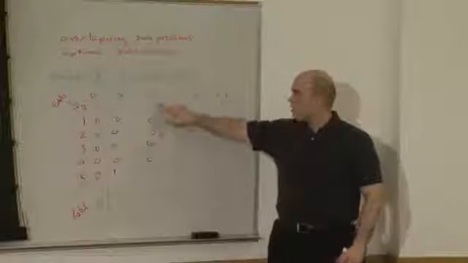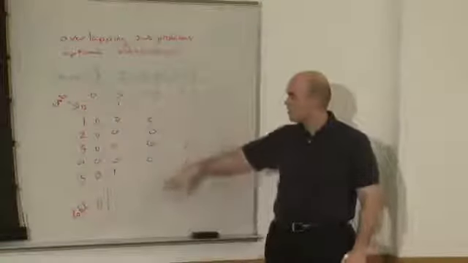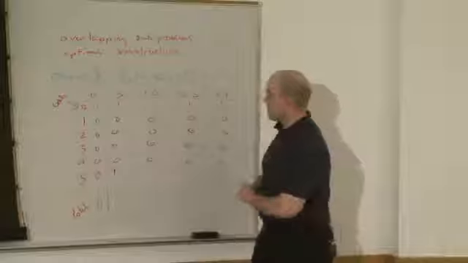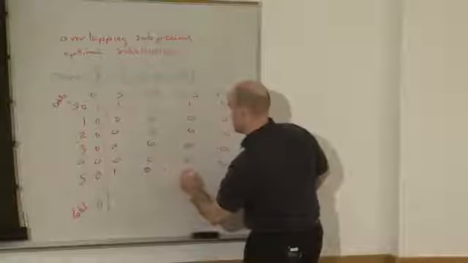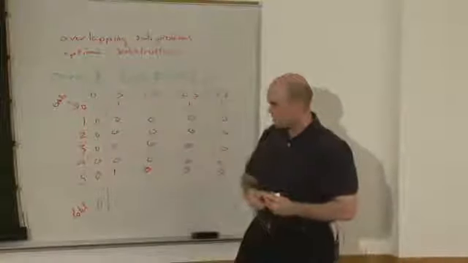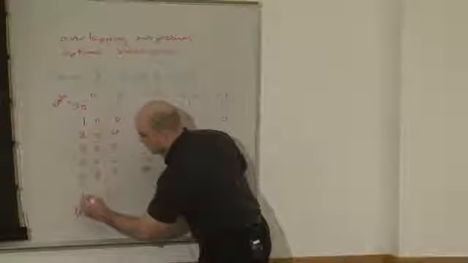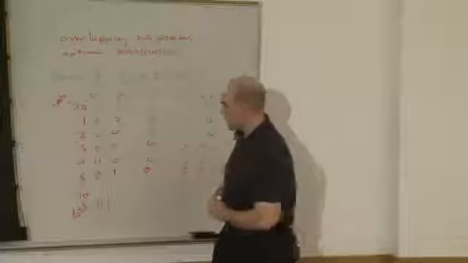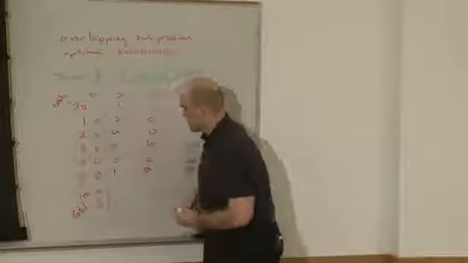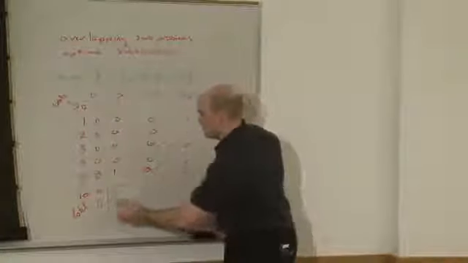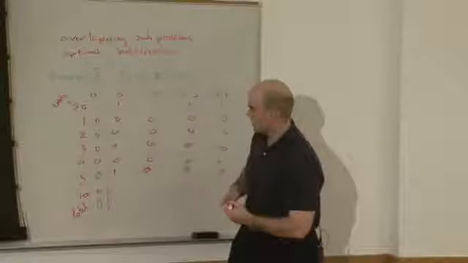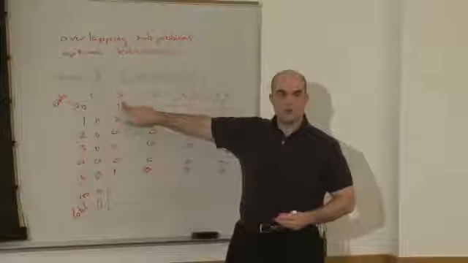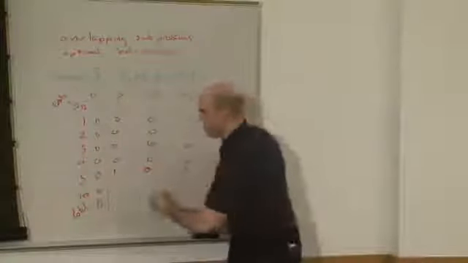And then for 10, again, this becomes 0. So the next interesting one is going to be 10. Is everyone following so far what we're doing? So this is going to be 0. This is going to be 1 plus 0.